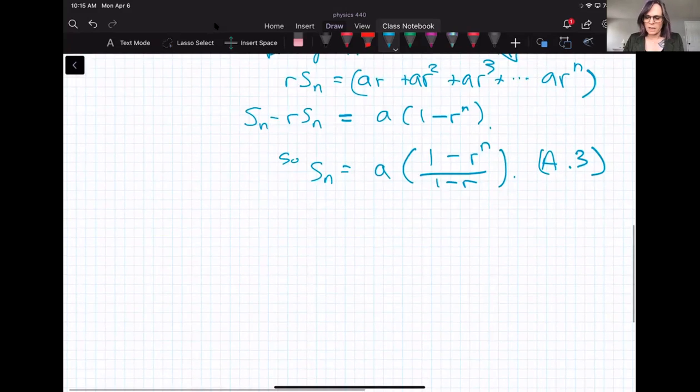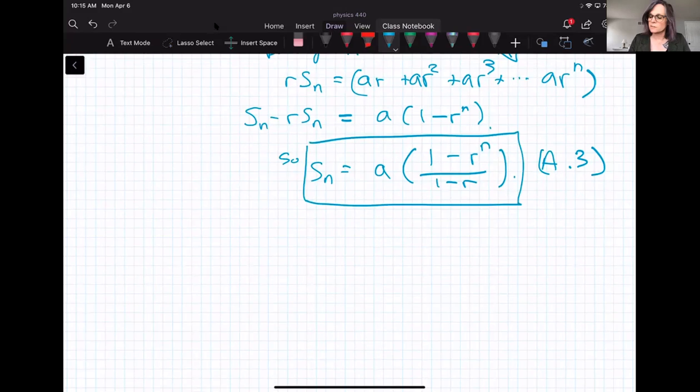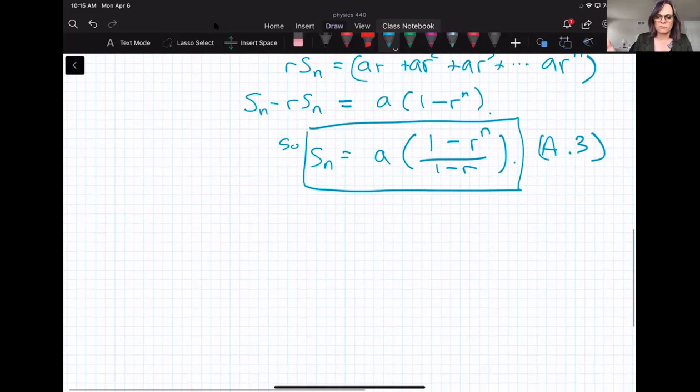Okay, so that's the partial sum for the geometric series, right, where A again is just some constant. And we haven't defined anything about either A or R. If we want to find the convergence, we look at what happens in the limit as n goes to infinity.